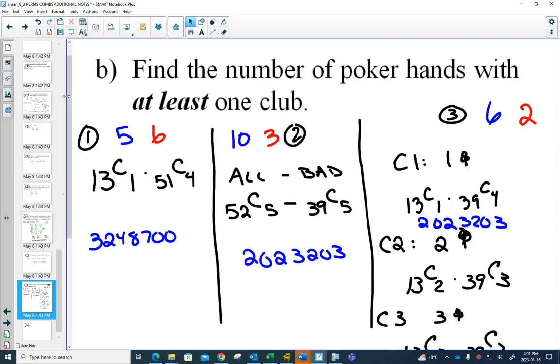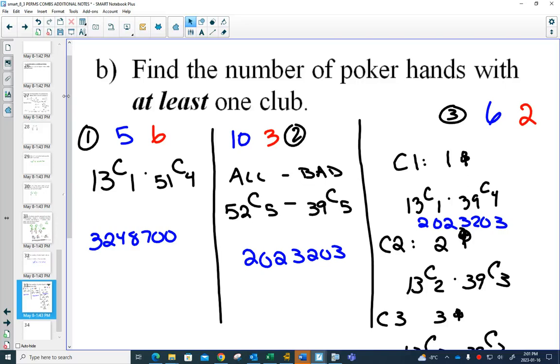Now, when I write out the answers in blue, there is a way for you at this moment to use what we did in previous questions to tell me that you know for sure one of them is wrong. It's wrong because it's bigger than all of the combinations. All the poker hands in total, we figured out was 2.6 million.